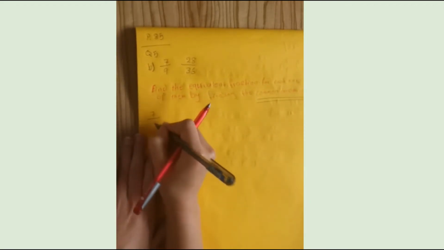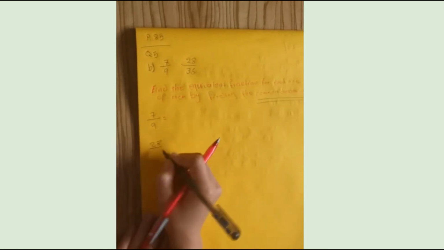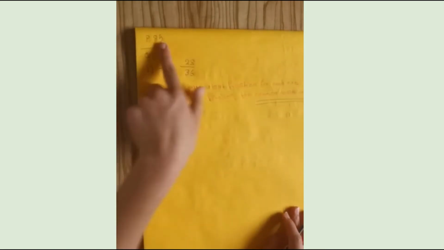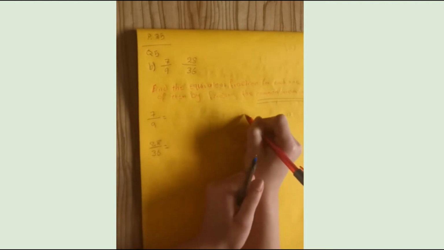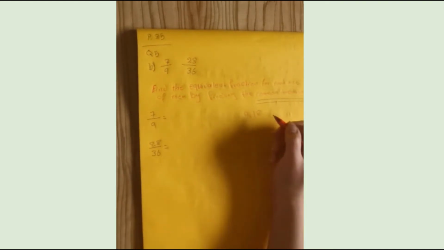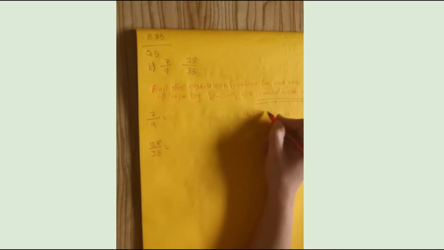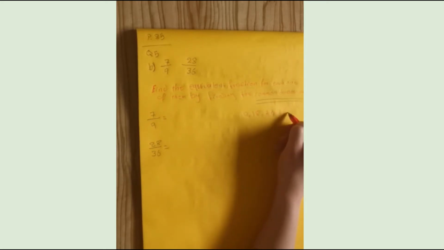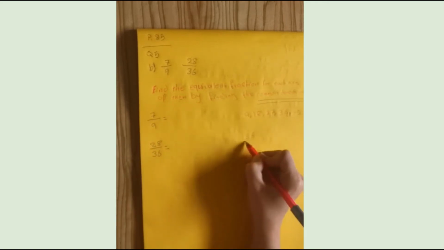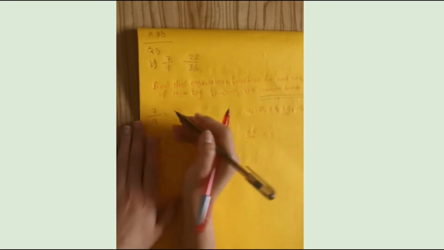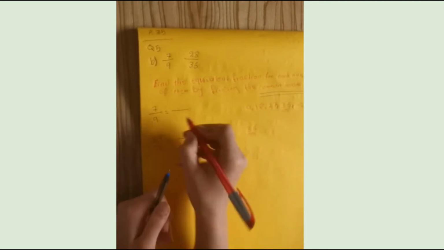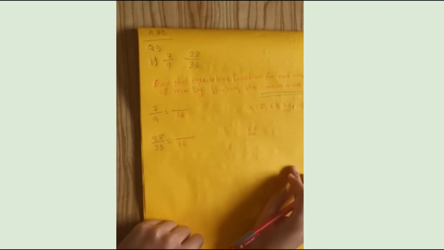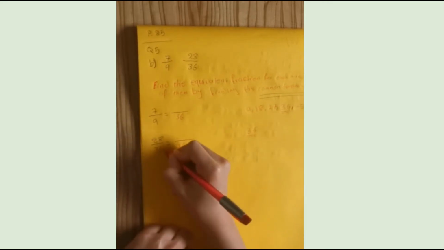We start with multiples of 9. We have 9, 18, 9 times 3 equals 27, 9 times 4 equals 36. If you notice, we already have a common denominator. 36 times 1 is 36, so we have 36 both ways, and we found our common denominator.